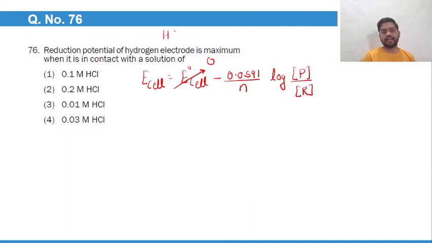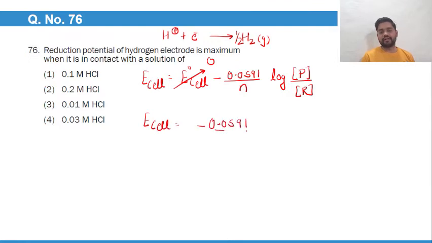What will be the reaction? H plus will take 1 electron. Since it is reduction potential, it will give you half mole of hydrogen gas, right? So can I write EMF of a cell is equal to minus 0.0591 by 1, because number of moles of electron is 1, log of 1 by what? Concentration of H plus, right?